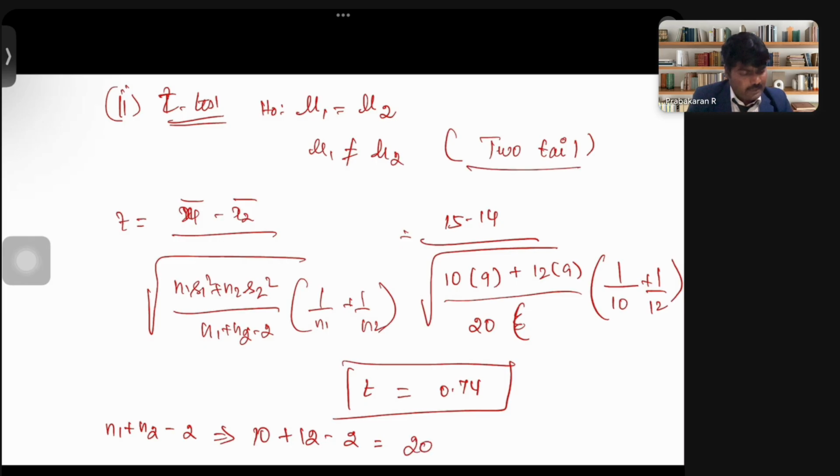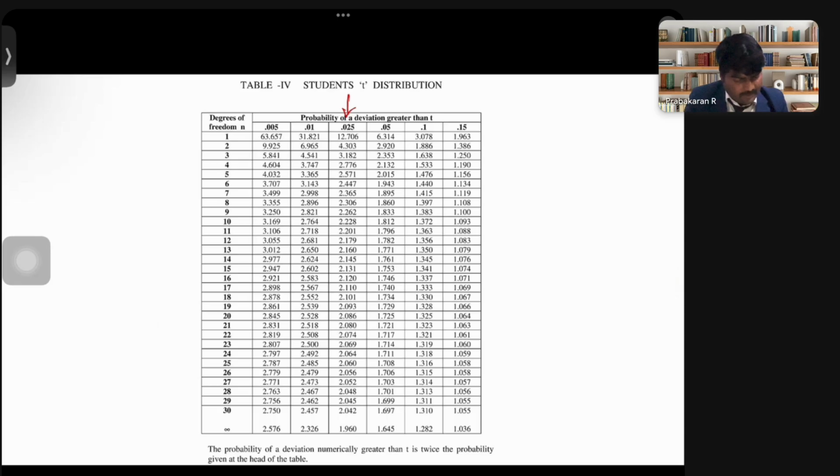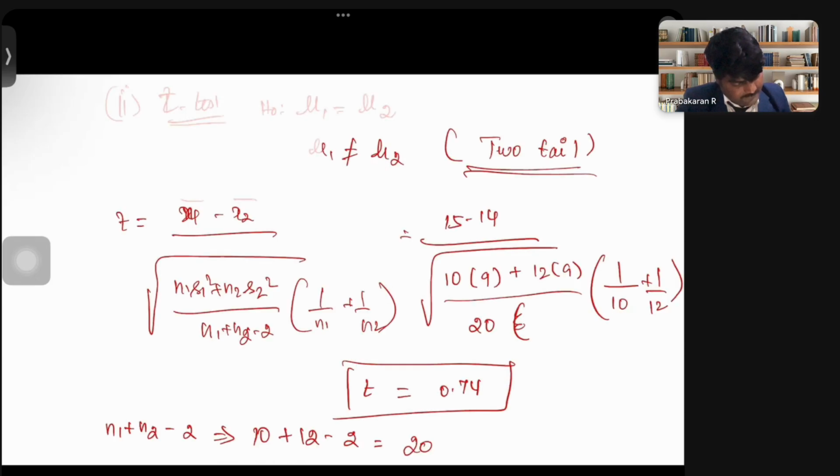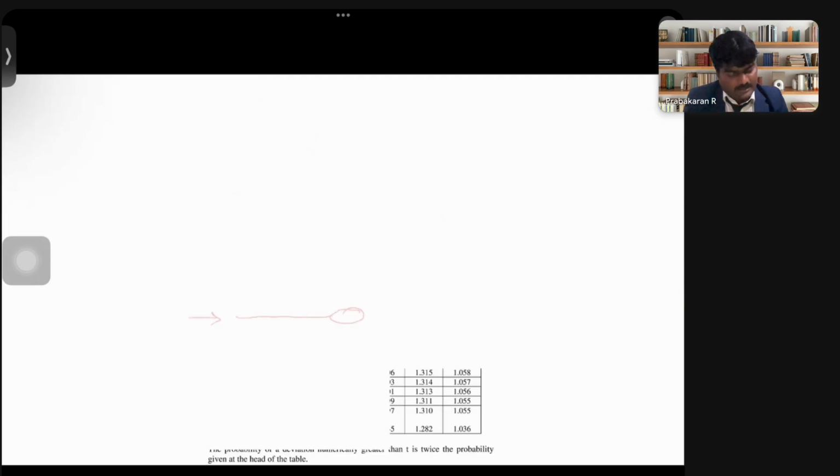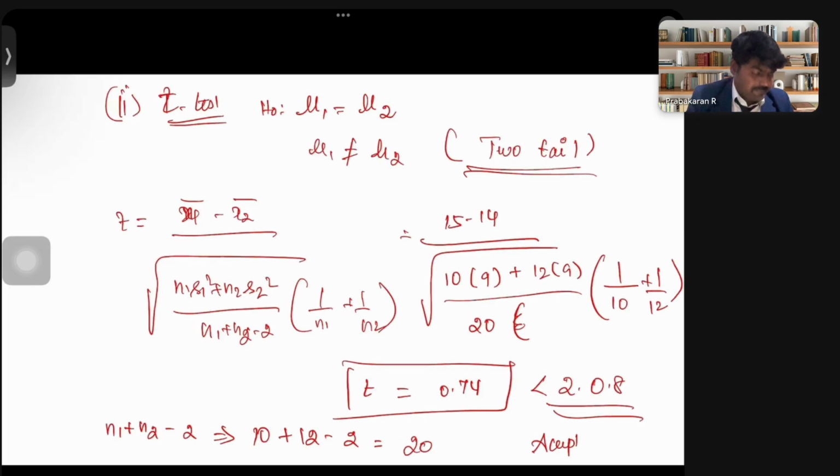Since it's two tail, instead of checking in the 5% column, we have to go with 0.025, and the degrees of freedom is 20. These are the two clues. The overlapping value is 2.086. So the test value is 0.74 and the table value is 2.086, the bigger quantity. Since the table value is greater, we can accept H0. That's all.